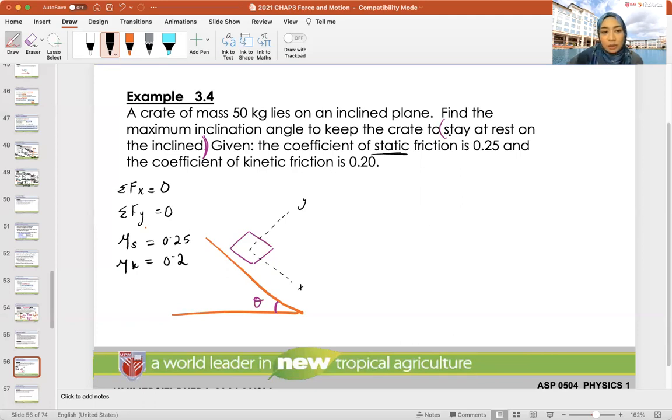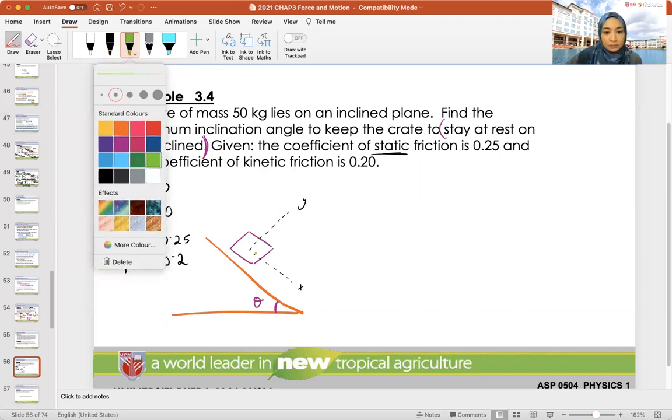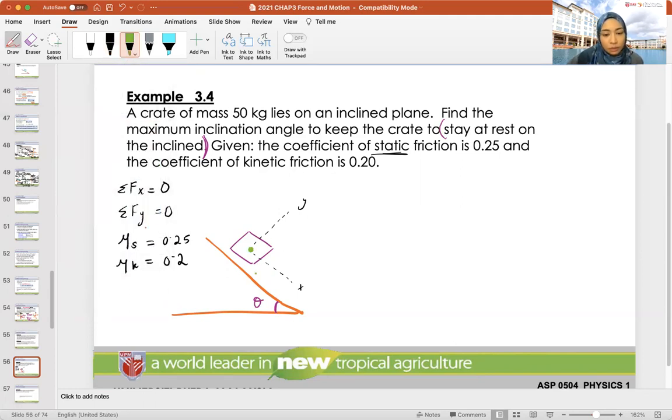All right, so now let's draw our free body diagram using green. So we start with our box. Gravity is always pointing downwards. So that is your mg. And we would have to resolve our mg along my x-axis and y-axis. My angle is over here.